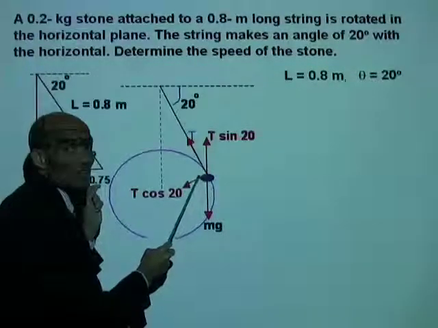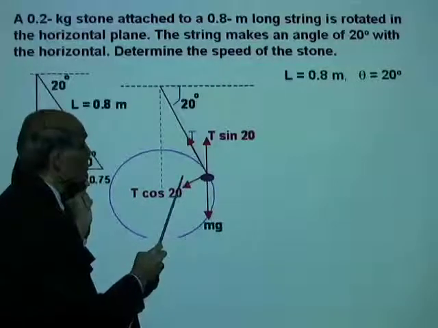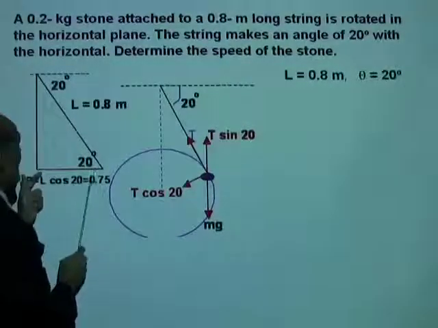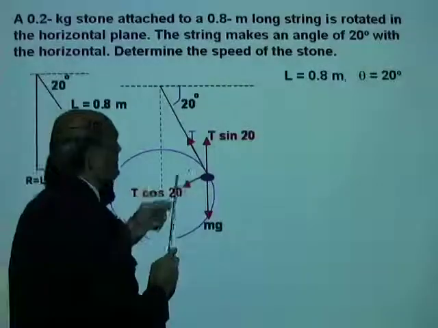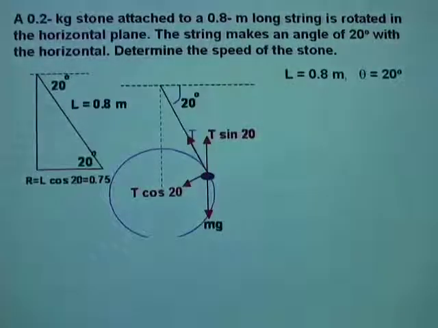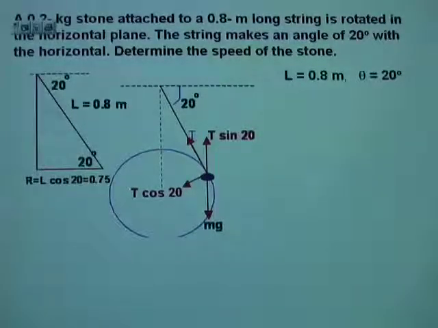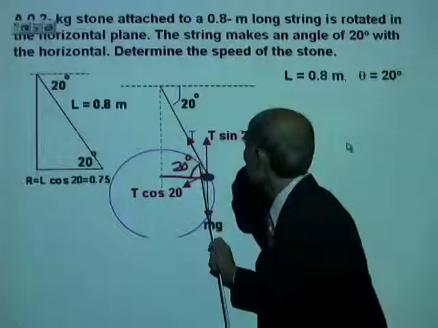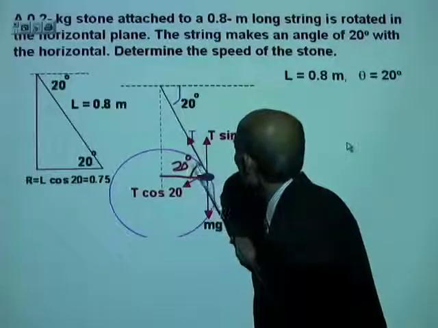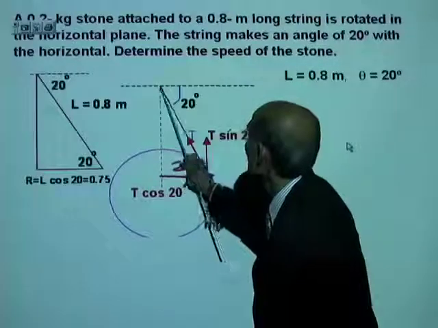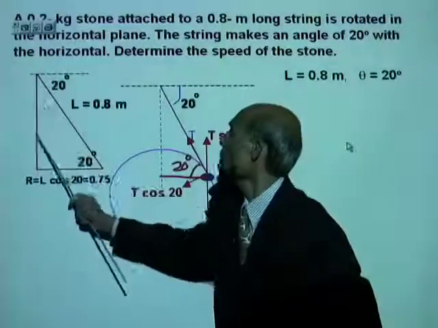See a line drawn perpendicular from the position of the stone to the vertical, and it is that line. And let me draw that over here. It is this line that I have drawn there, and that angle will be 20 degrees. So you can see that angle and this angle are the same. It is this triangle that I have drawn here.